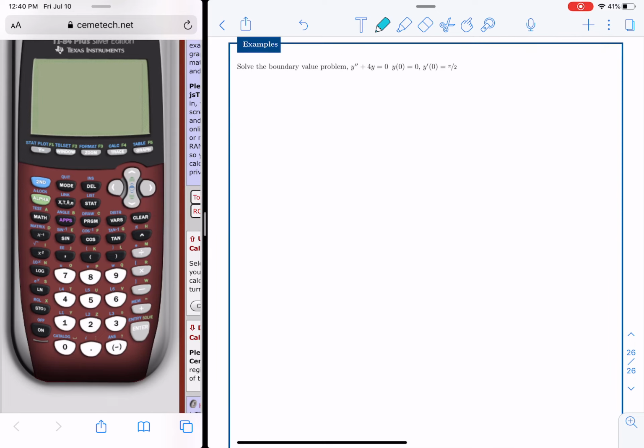And lastly, we have a boundary value problem with a second order equation. So this is a second order DE. The auxiliary equation is m squared. We don't have a first derivative, so we don't have an m term. So plus 4 equals 0. This would imply m squared equals minus 4, which would imply m is equal to square root of minus 4.